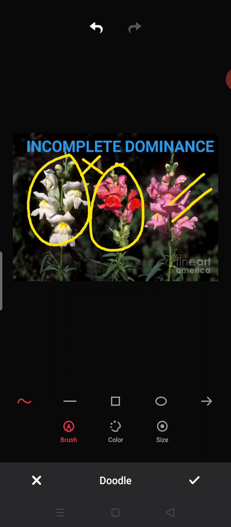Now, let us assign letters for this. Let's have WW for white, RR for red, and the offspring would be RW.